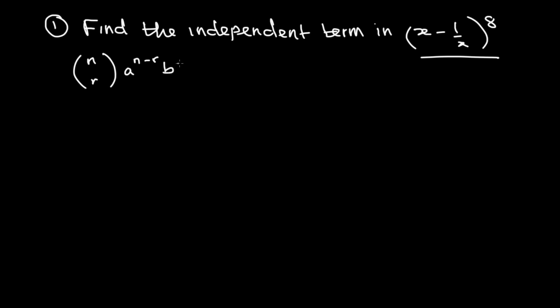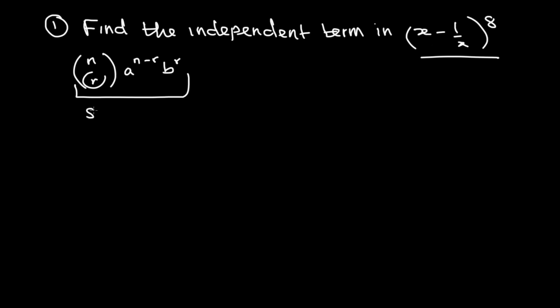Then we know that this one is going to be increasing. So r, because r is our counter. So it's 0, 1, 2, 3, from 0 to n, right? So this is something that we need to remember. So this is the term itself. Whenever they tell you to find the independent term, it means that they just want you to work with one of these.